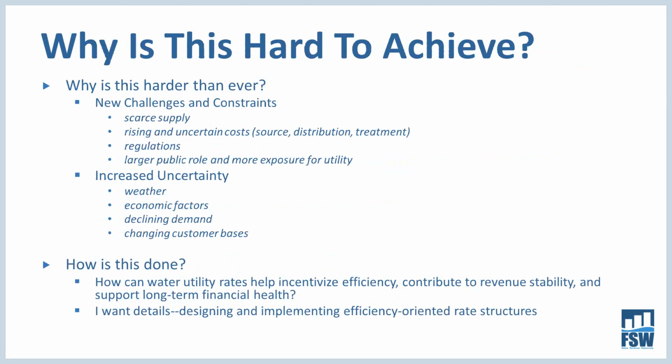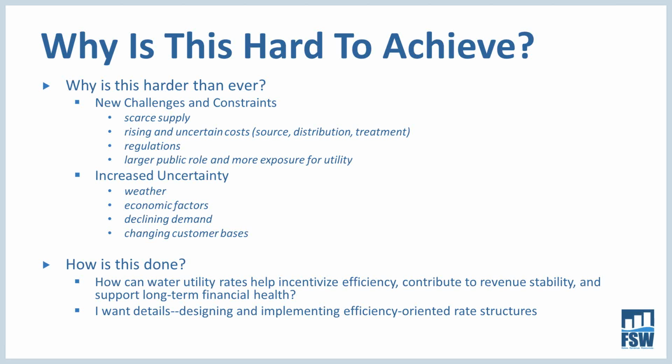So why is this so hard to achieve? Why is this harder than ever? I have a very short laundry list of constraints and challenges that include scarce water supply, rising and uncertain costs, regulations, and customer demand for a larger public role and more exposure for utilities. There's also increasing uncertainty in weather and economic factors and demand in changing customer bases.